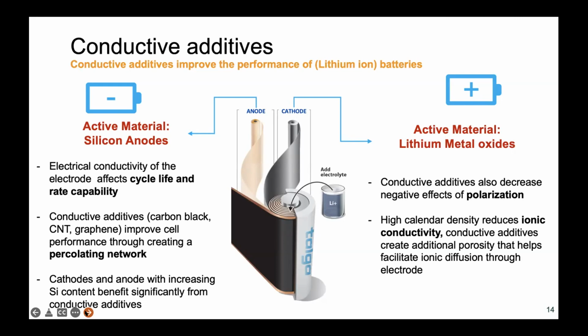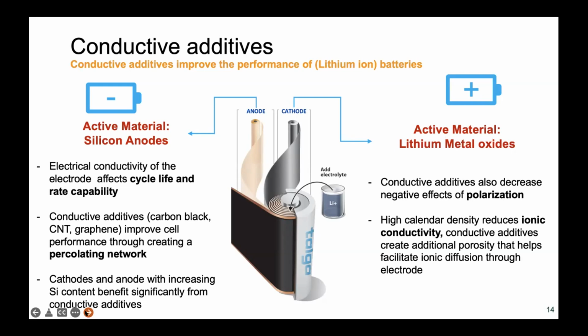What happens in battery manufacturing is that you often, particularly with silicon anodes and with cathodes, add some conductive additive materials to make sure that the electrode remains conductive enough. Often this is done with carbon black. It can be done with graphitic carbon as well. It can be done with carbon nanotubes.